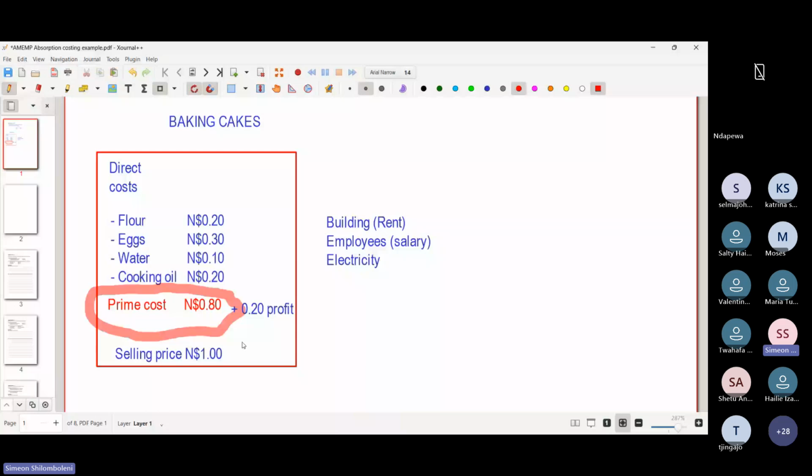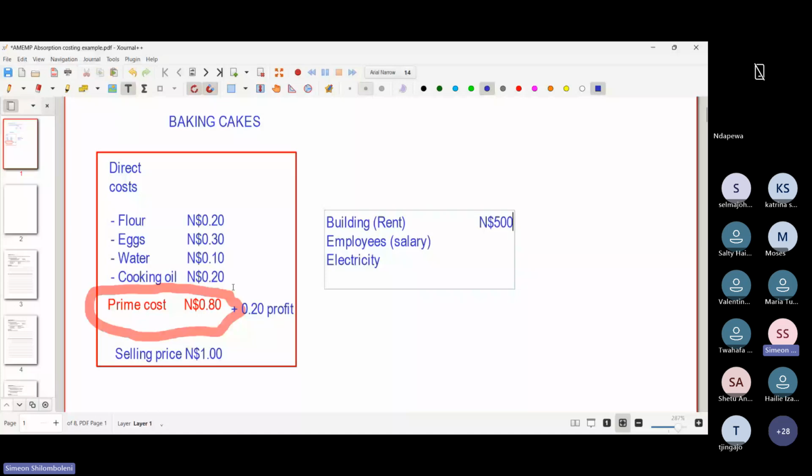The money that you are going to get from this cake is not going to cover your rent. Because remember, rent at the end of the month is maybe 500. Now, this $1 is not going to cover 500 because you have not accounted for it here.